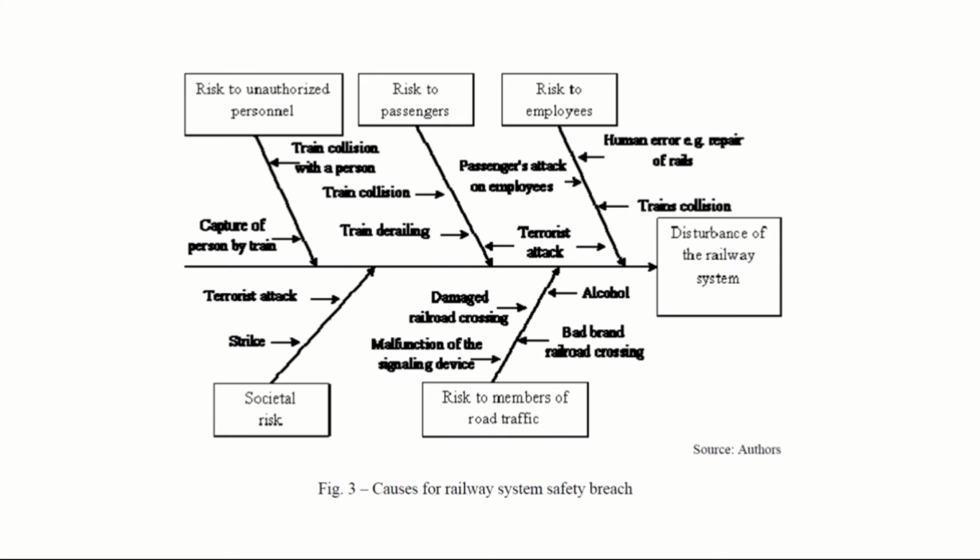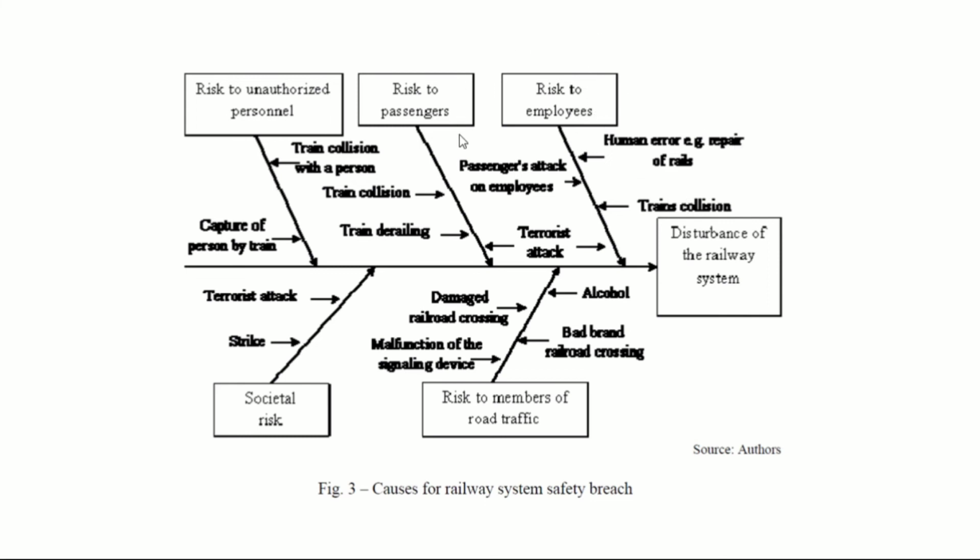If you look at the slide here, this is an example of the Ishikawa diagram for the disturbance of the railway. It is like a fishbone. It has a head and bones. Usually the bone here is the cause of the disturbance, and at the end of the bone is basically the effect of these causes. For example, human error on repair of rail.